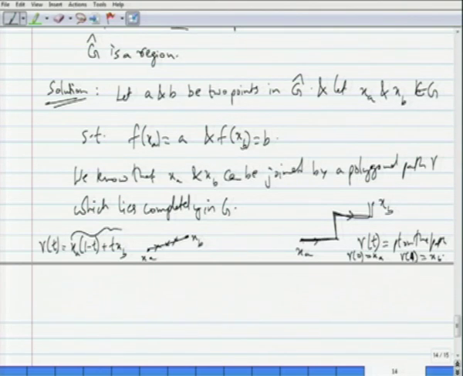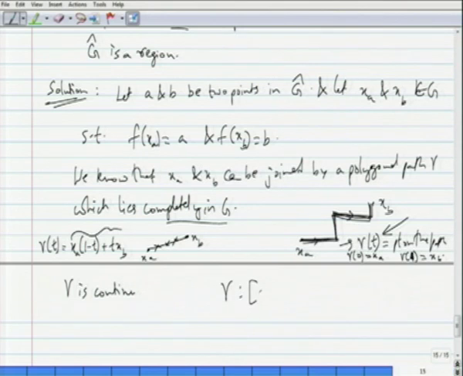Okay. So, you can extend this to these kind of polygonal paths which are completely contained in G. So, the property of such a gamma is that you can ensure that gamma is a continuous function. So, what kind of entity is this gamma?